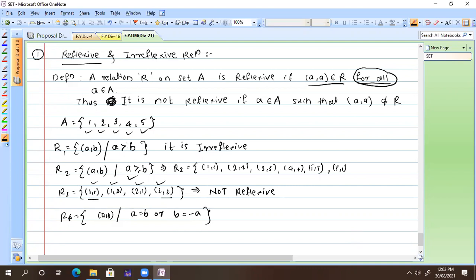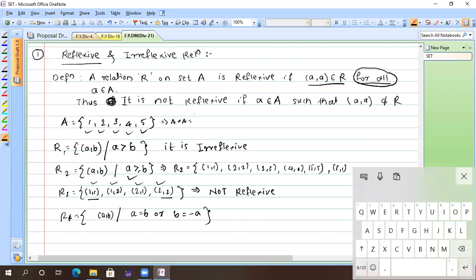You have a little bit of confusion in your mind. We have a relation R. What is a relation? It is a subset of A cross B. Right now we have a relation on A, so it is a subset of A cross A. How many elements do we have in A cross A? First row: (1, 1), (1, 2), up to (1, 5).